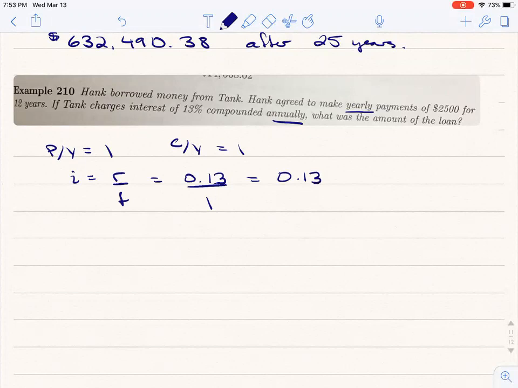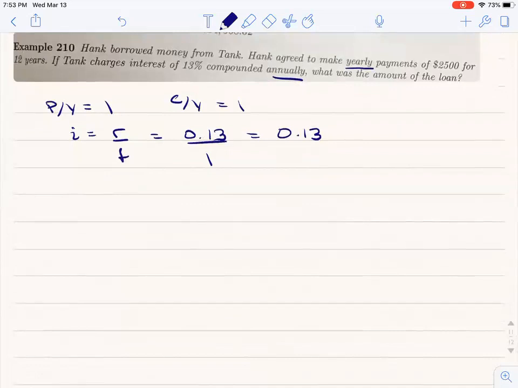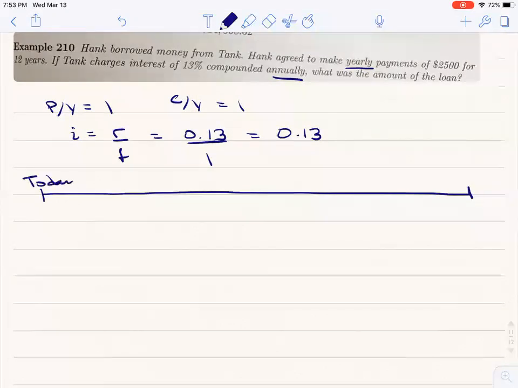If we draw out this timeline, let's visualize what's going on here. He borrowed the money today, and for 12 years, he's going to pay this off by making annual payments. He's going to make a payment at 1 year, at 2 years, and then up to 12 years.